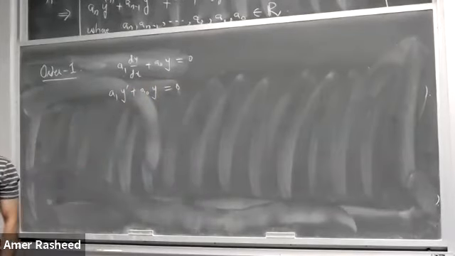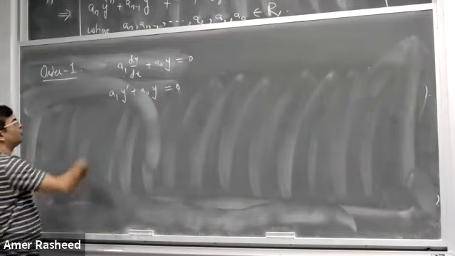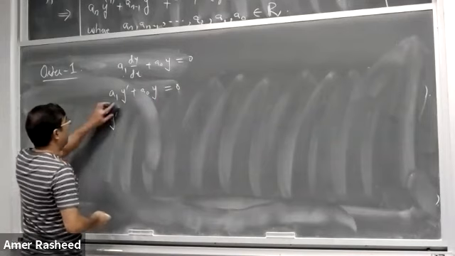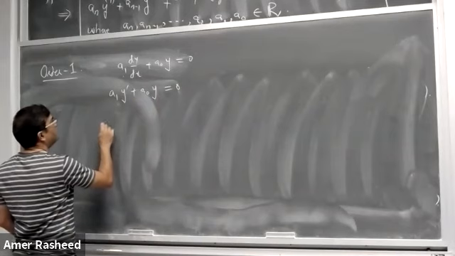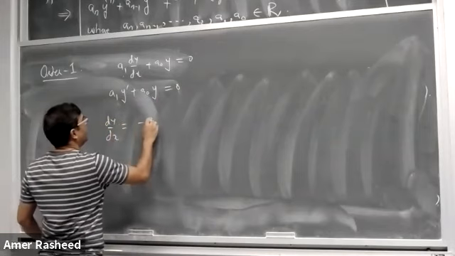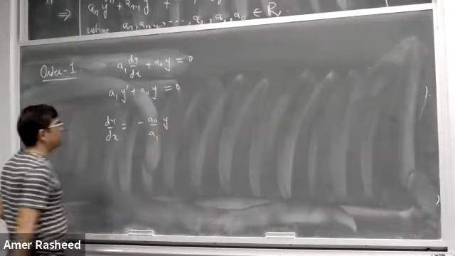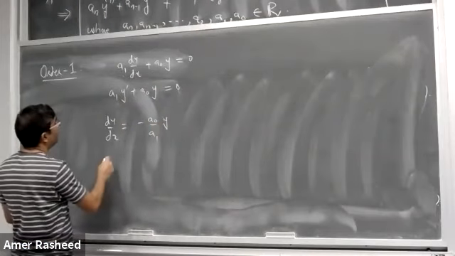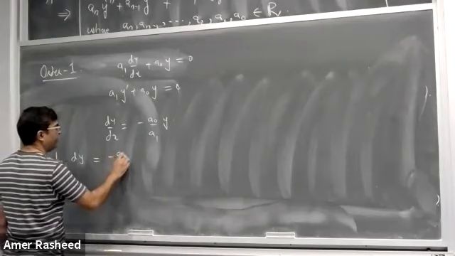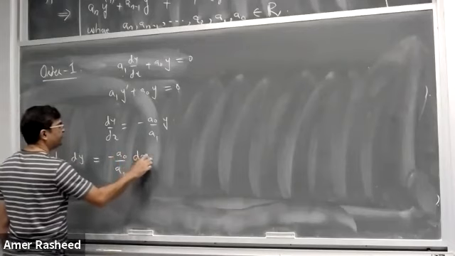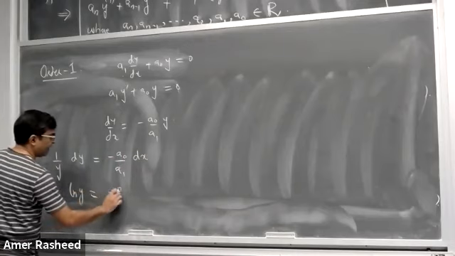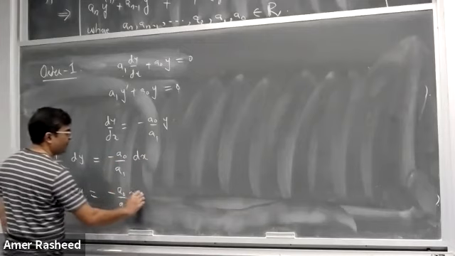This is separable as well as linear, so you can solve it by any method. y' is dy/dx. Then we can write dy/dx is negative a_0 over a_1 times y. Then (1/y) dy equals negative a_0 over a_1 dx. Integrating both sides, we get natural log of y equals negative a_0 over a_1 x plus c.